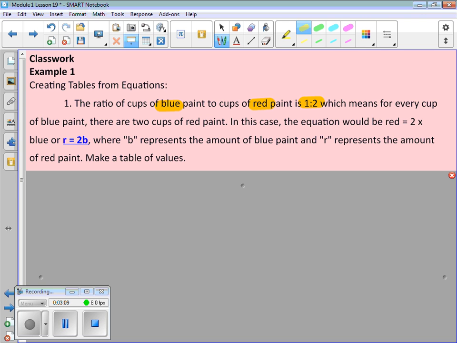In this case, the equation would be red equals 2 times blue. But we don't write it like that. We write our equation red equals 2 times blue as R equals 2B. So highlight that. B represents the amount of blue paint and R represents the amount of red paint.